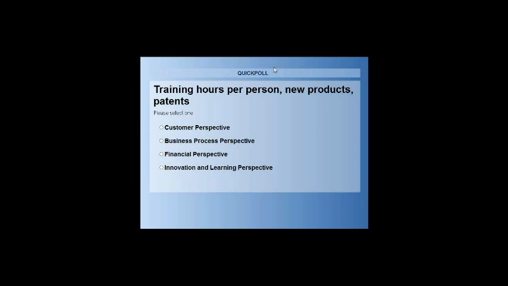The KPIs in this one: training hours per person, new products introduced, or new patents that we've gotten. Which business perspective are these associated with? You got about a minute to make your choices.